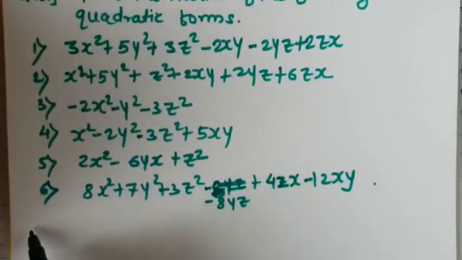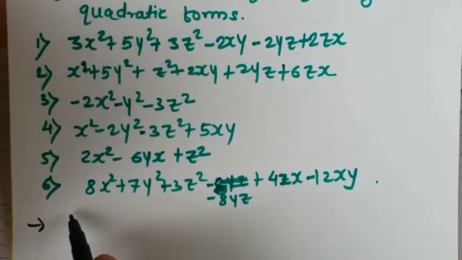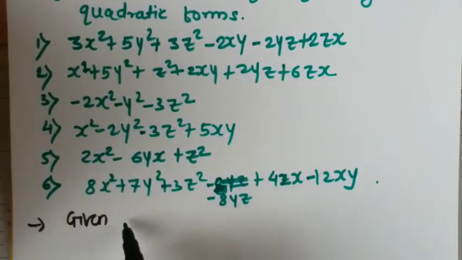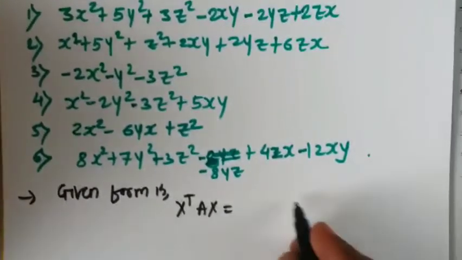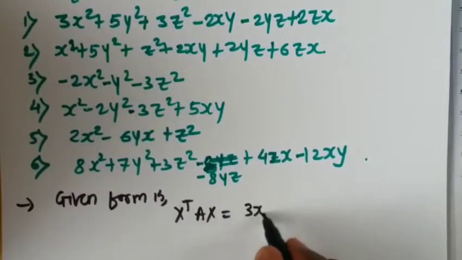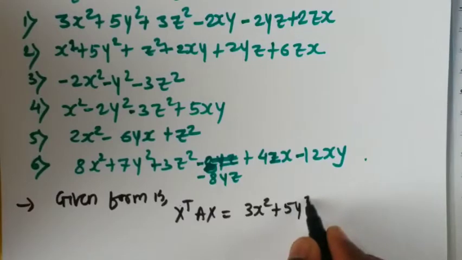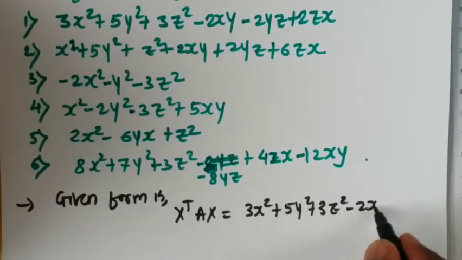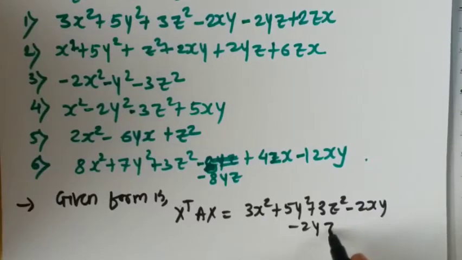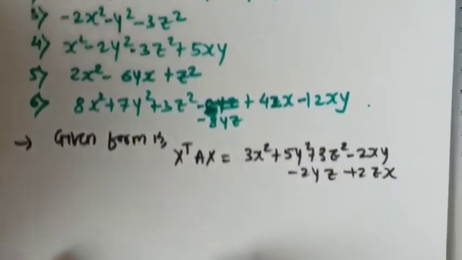The given quadratic form is X transpose AX equal to 3x square plus 5y square plus 3z square minus 2xy minus 2yz plus 2zx, right?